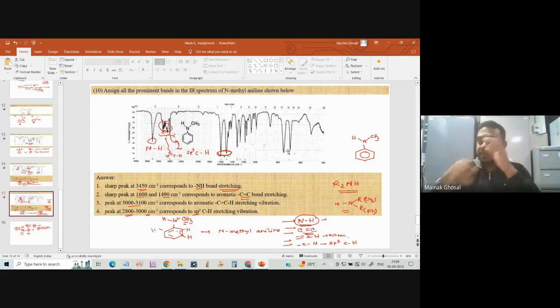People generally don't consider it; they generally consider the region after 1,000 centimeter inverse. I am mainly interested in confirming whether the structure I predicted is correct or wrong, so I have taken only this region. If you want to see bending, you can see there.